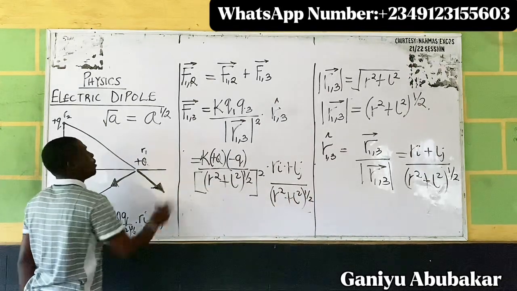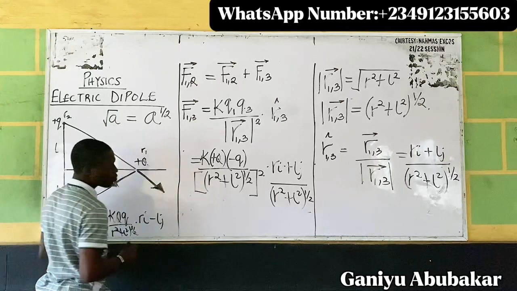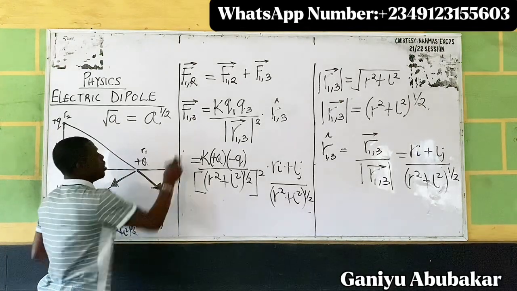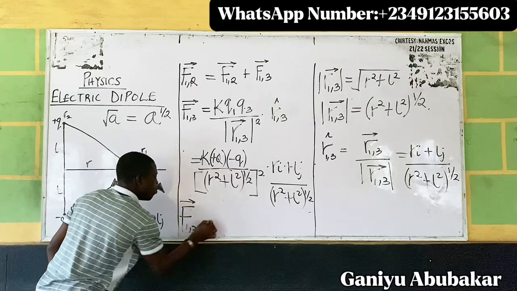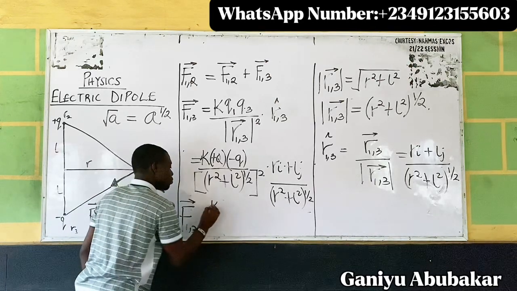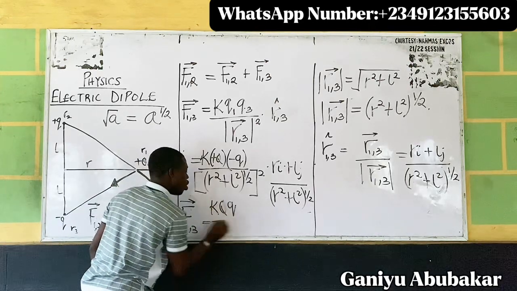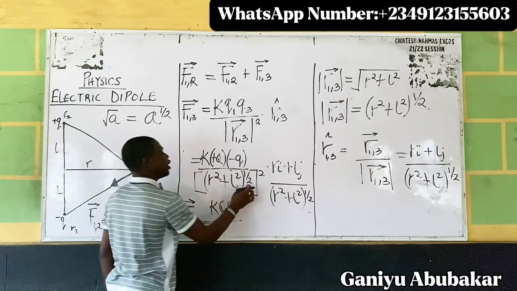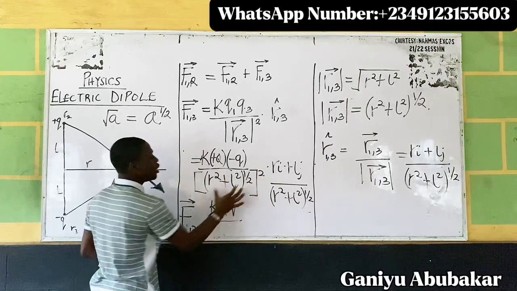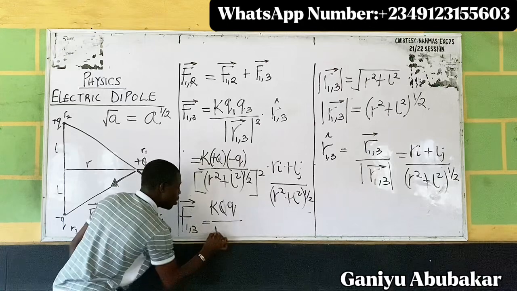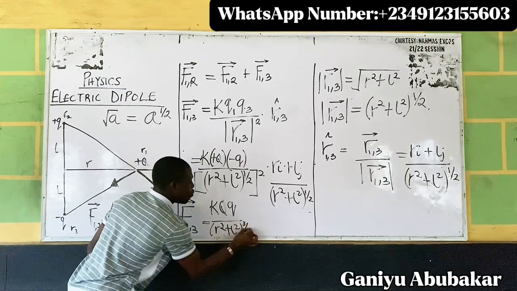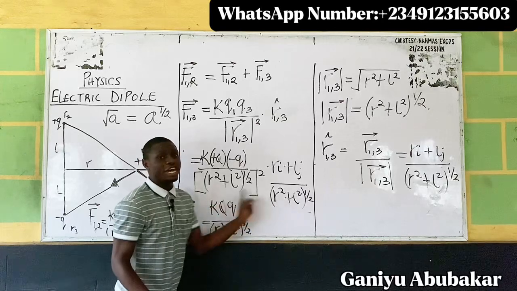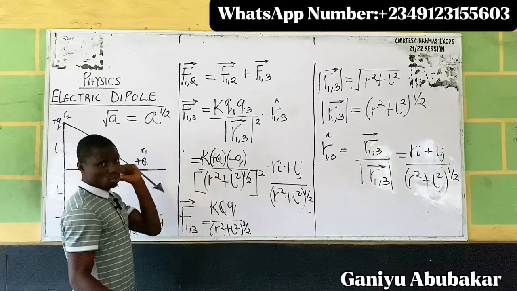From here, the value of f13 will be equal to k q all over this one here. As we said initially, this 2 here will give you r squared plus l squared all to power 3 over 2, as we solved initially for f12.